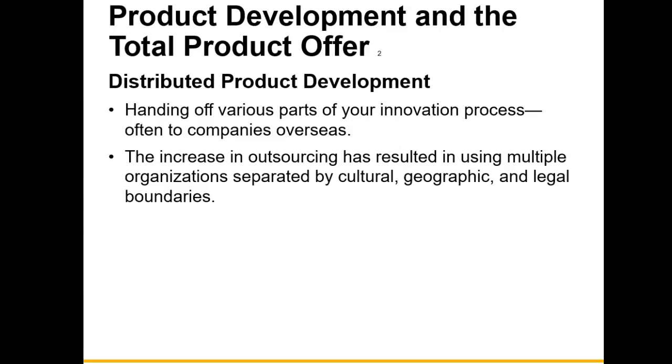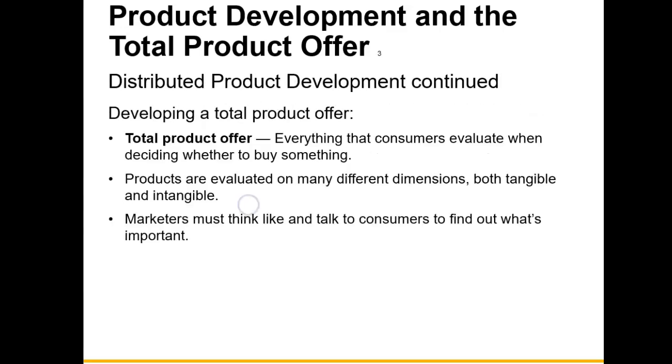Often that is done overseas. So the increase of outsourcing, meaning that a certain portion of our product development is being outsourced, has resulted in multiple organizations separated by cultural, geographic, and legal boundaries. So what we're saying here is that there are now numerous companies and individuals as part of the product development for a single product.